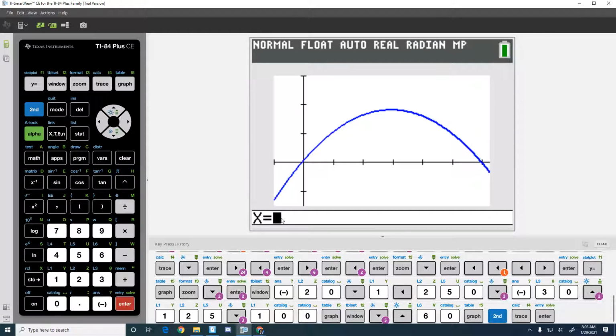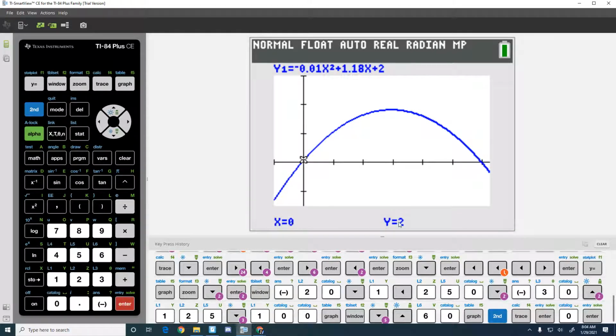And we know for the y-intercept, what's the x coordinate everywhere on the y-axis? 0. Yeah. So to find the y-intercept, we make the x a 0, press enter, and we see 0, 2. So the football started 2 feet above the ground when it was kicked.